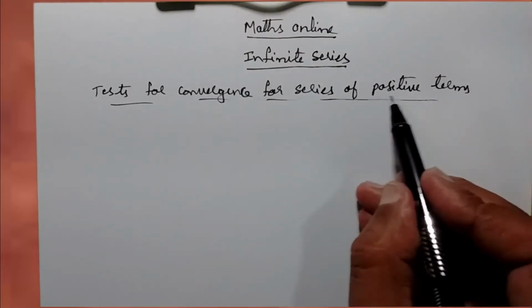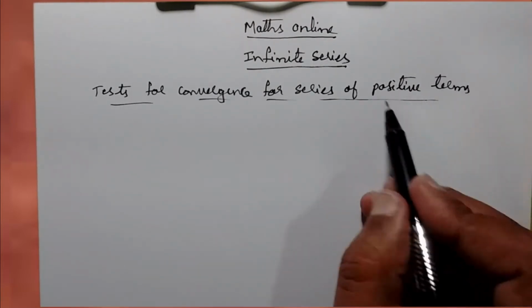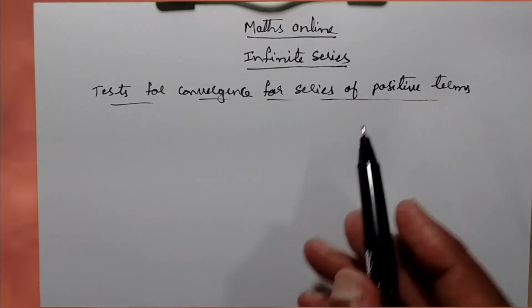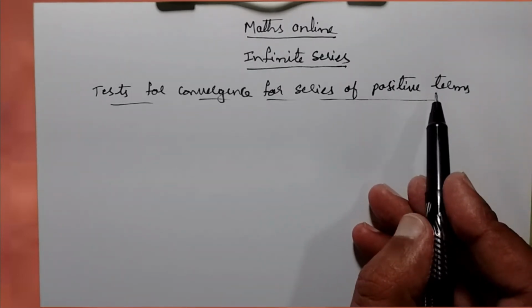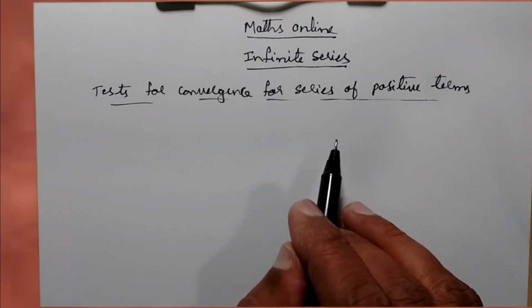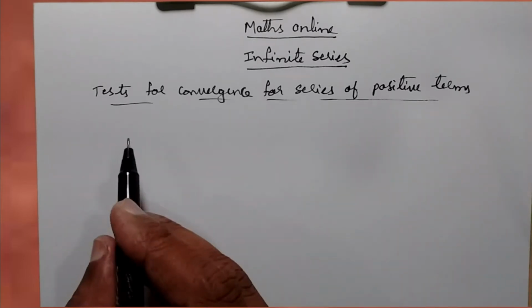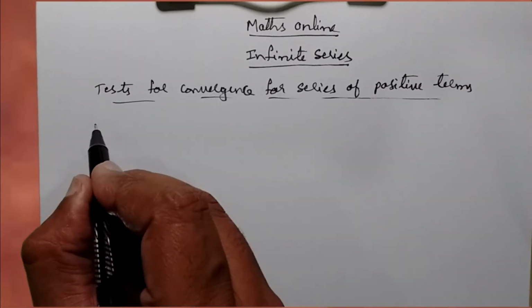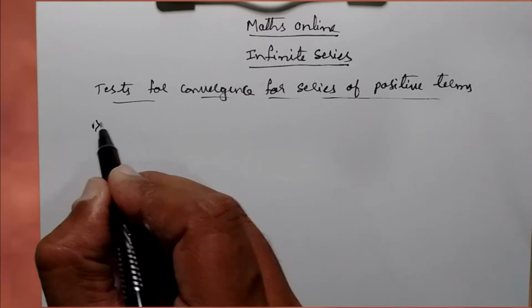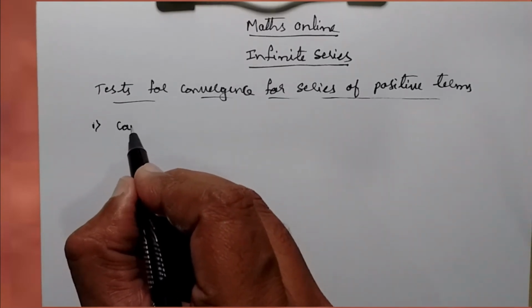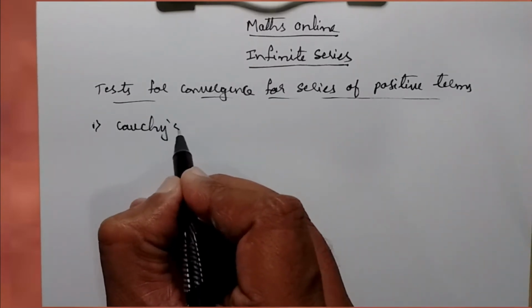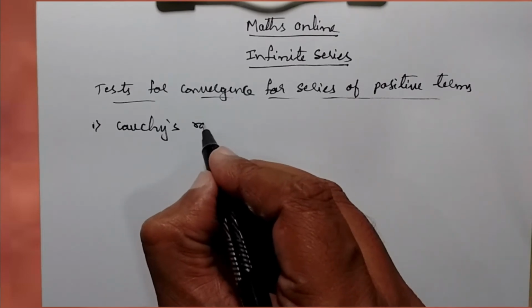We'll take series of positive terms and check whether they are convergent or divergent. For that we'll try to apply two tests. Today we'll discuss the first type of test, which is Cauchy's root test.